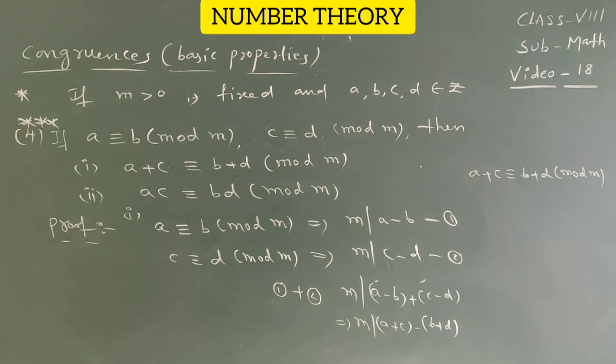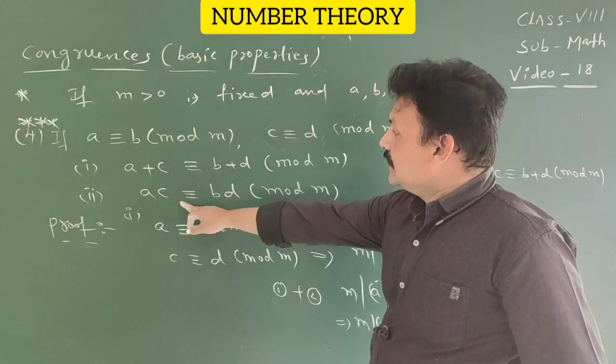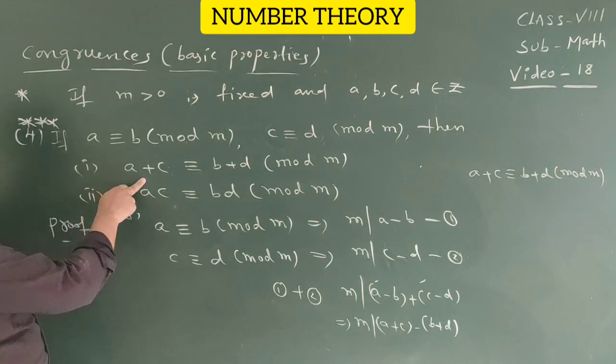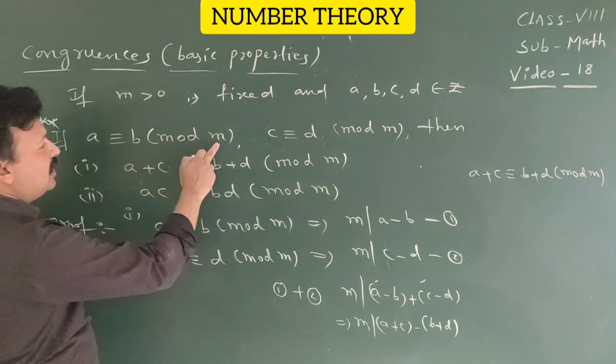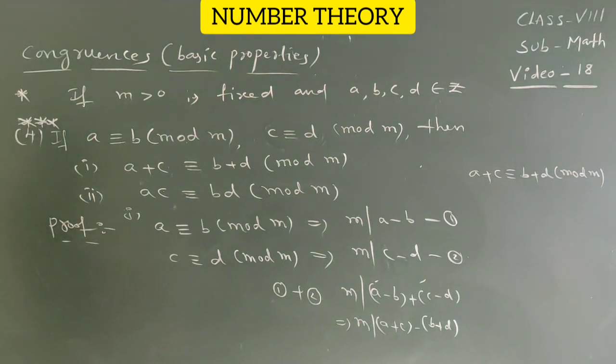My most important one: in the first part we proved A plus C congruent to B plus D mod M. We need to do these two conditions. First condition A plus C to B plus D, if A to B mod M, C to D mod M. Okay, first proof.